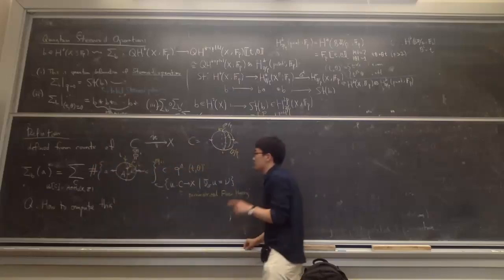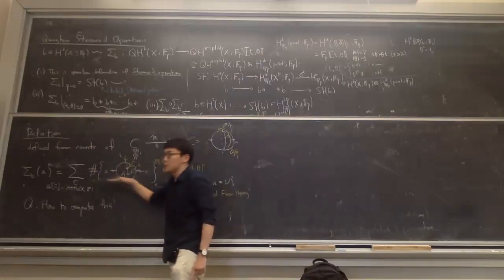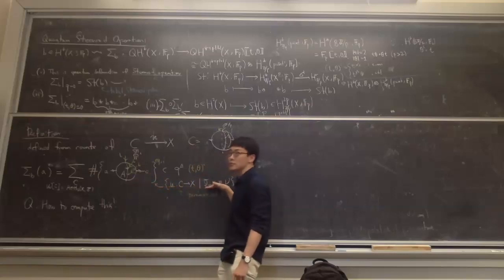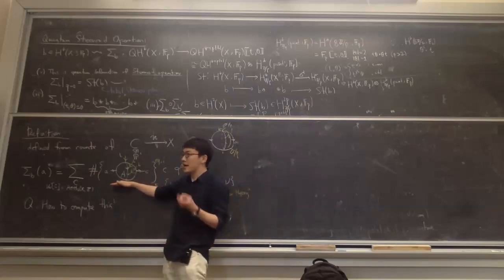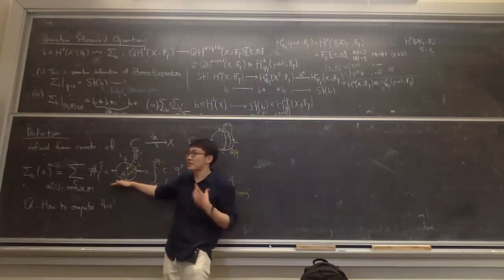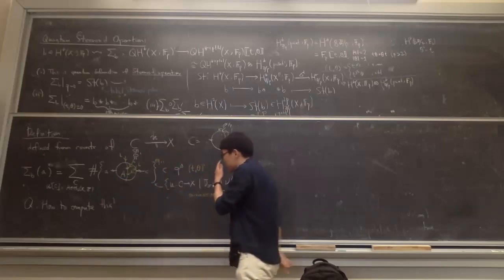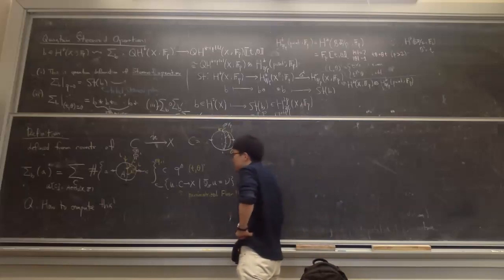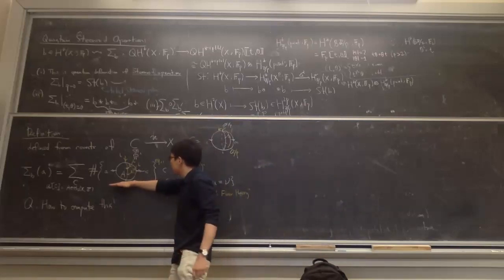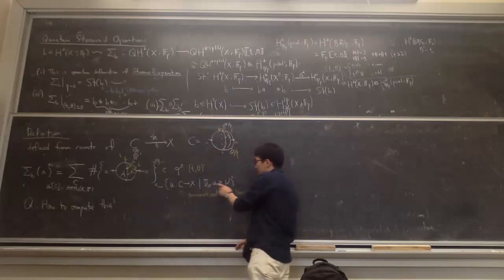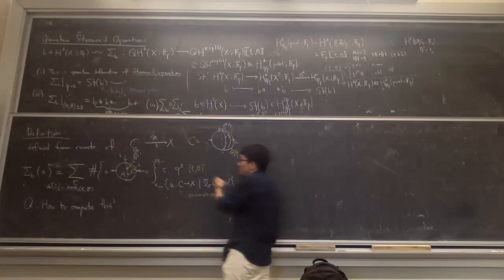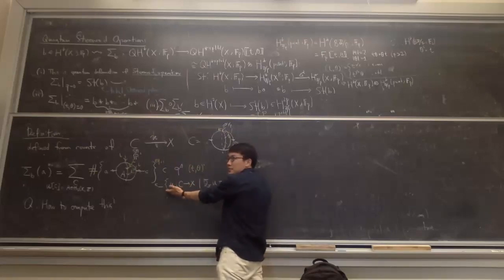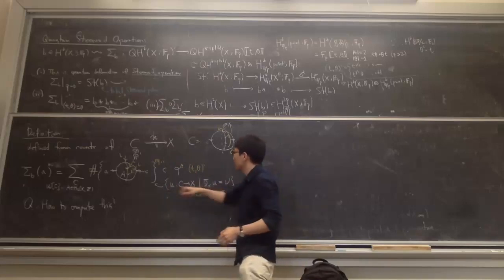So the issue is the following. I want this number to be well defined. So what I need to show is that the moduli space of solutions to an equation like this is a compact smooth manifold of dimension 0. Then I can define this count as the cardinality of the connected components of that manifold. But the issue is I want to achieve that this thing is smooth, and in general it's not possible to choose this perturbation in a way that's Z mod P invariant, so that this moduli space actually has a Z mod P symmetry inherited from the symmetry of the domain curve.